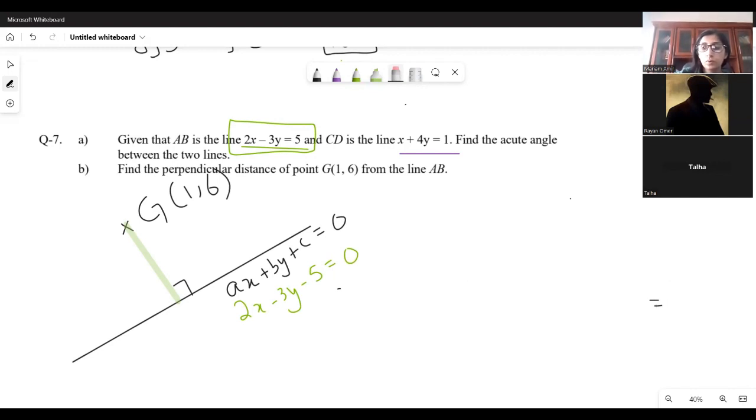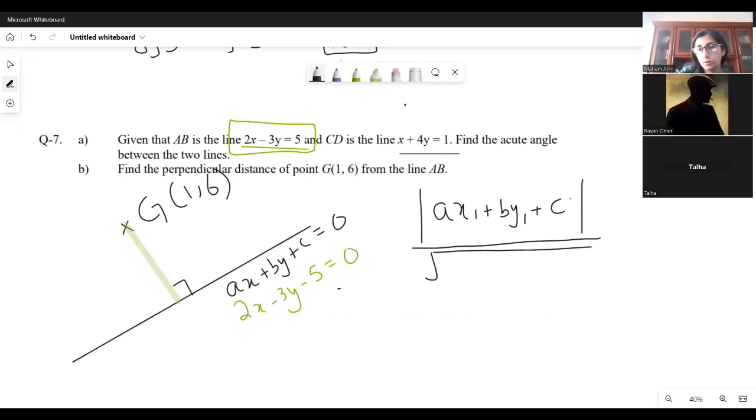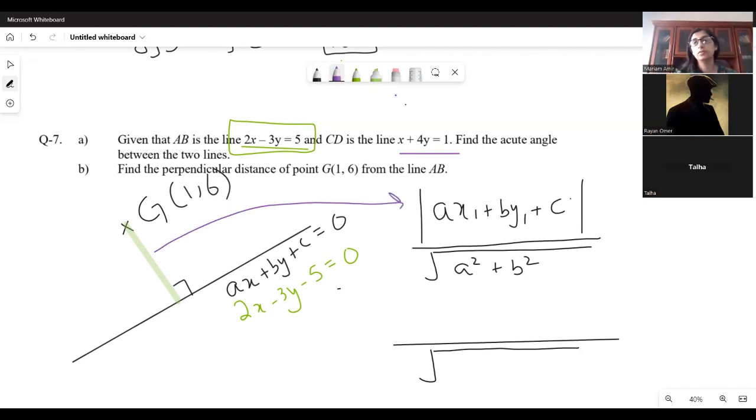In the distance formula, in the numerator you write modulus of ax1 plus by1 plus c, and in the denominator you write the square root of a square plus b square. Let's start with the denominator. This formula directly gives the distance asked in the question, the perpendicular distance between the point and the line.